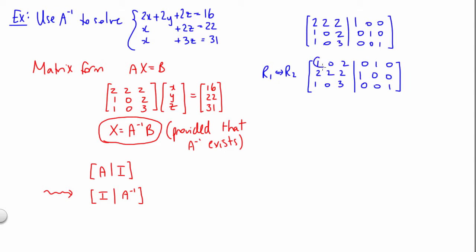So I'm going to circle this 1 here, and we're going to use that to eliminate the other entries in that first column. We'll do row 2 minus 2 times the pivot row, and we'll also do row 3 minus our pivot row.